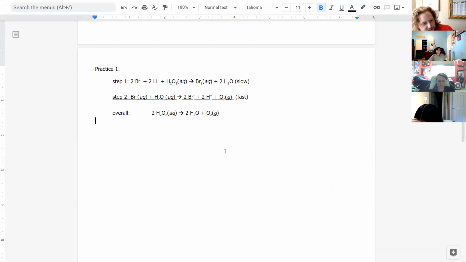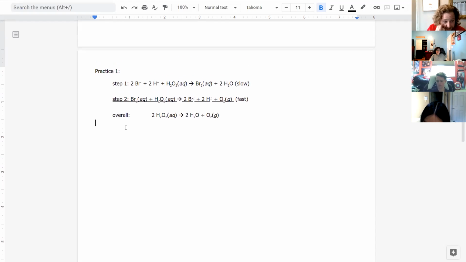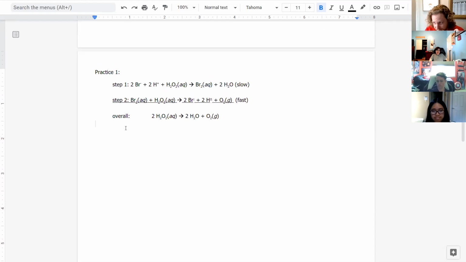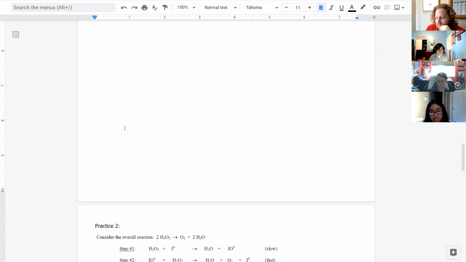Yes, that's a very good question. So far, all of the examples have had the slow step as the first step. Is this common or just a coincidence? There is a reason for that. If the slow step is not the first step, we've got to do something different. So right now, the slow steps are the first steps.